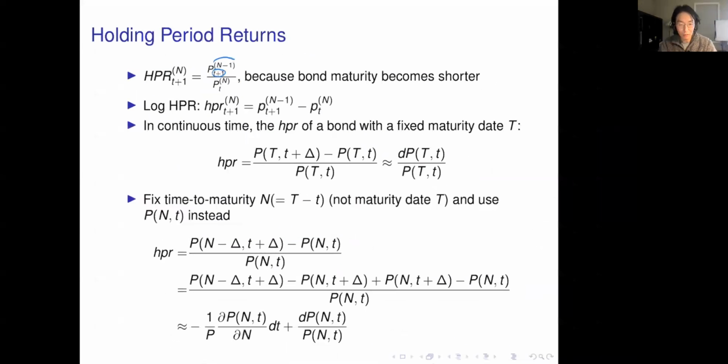So the holding period return from t to t plus 1 is expressed in this way. And log holding period return is simply the difference in log prices. And in continuous time, holding period return can be represented in this way. So in the denominator, you have the price at time t.